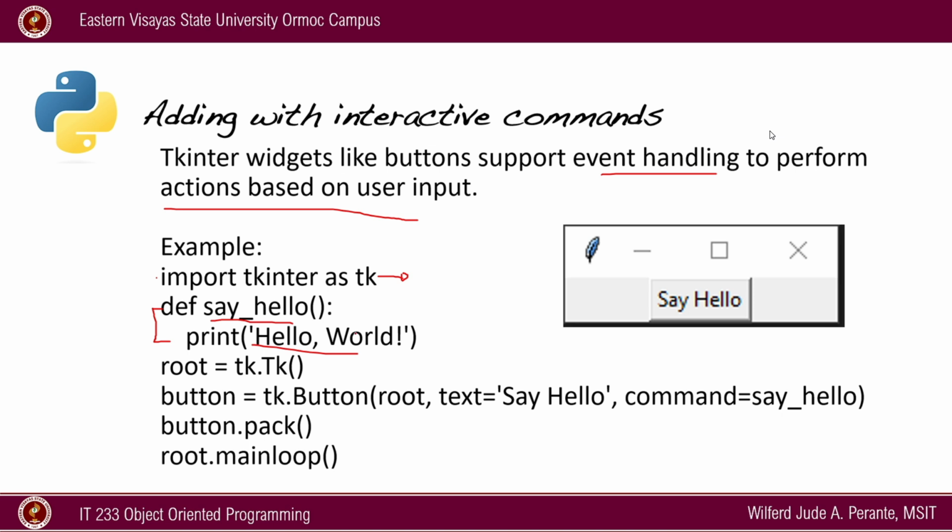Okay, so we initialize our main window. Then our button: we labeled our button as say hello, and we call the command say hello, which is our function. So we display it, make it visible in our window.